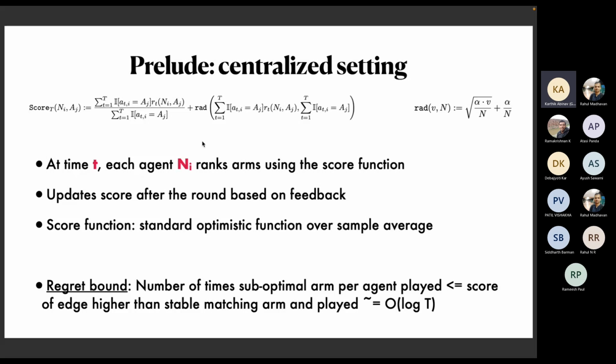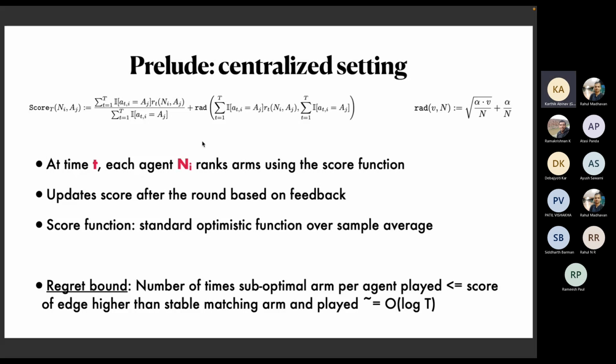You keep count of those, and to do that analysis, you have to see when the UCB score of that particular edge is higher than the other edge and it got played. In the standard bandit algorithm, you only analyze how many times you play an arm that is not your optimal arm. But here you also have to make sure that it actually got played even though the score is higher. You can do a counting argument using Hoeffding's inequality, and get the log T regret bound.